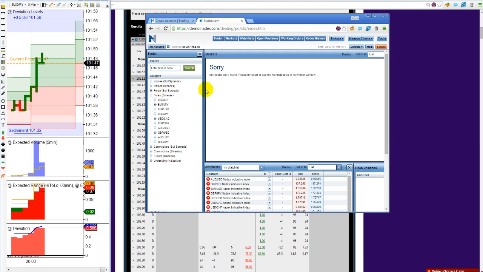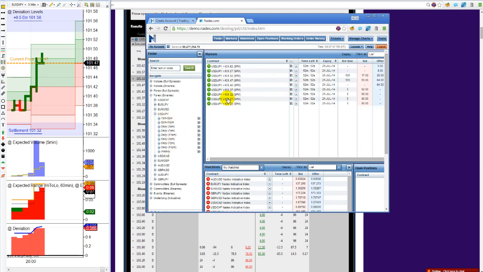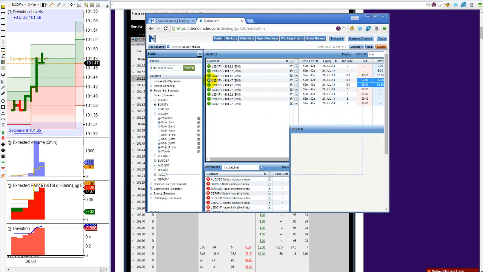So we got the binaries, and we're going to go to US yen. We're going to go to current hour. We're going to flip on down over here and go to the 101.47, and I'm going to look at the binary ladder chart.